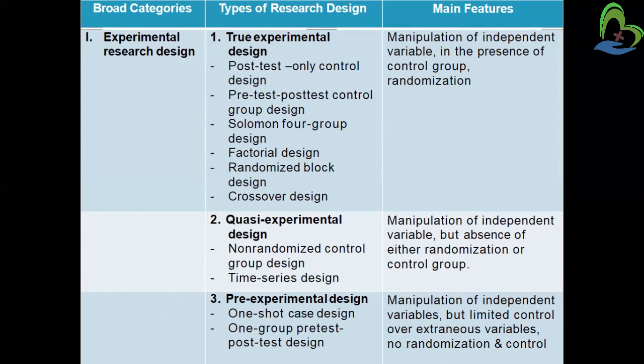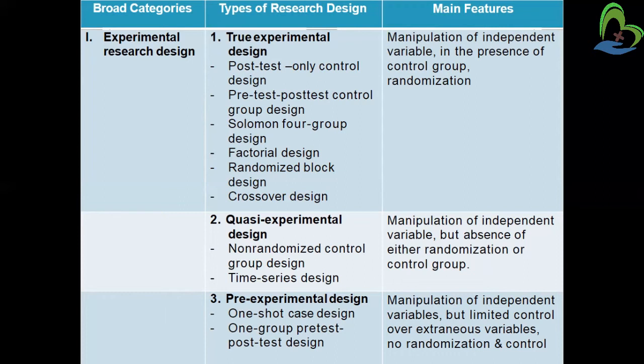But in the non-equivalent control group design, the design is identical to the pre-test post-test control group design, except that there will be no random assignment to the experimental and control groups.